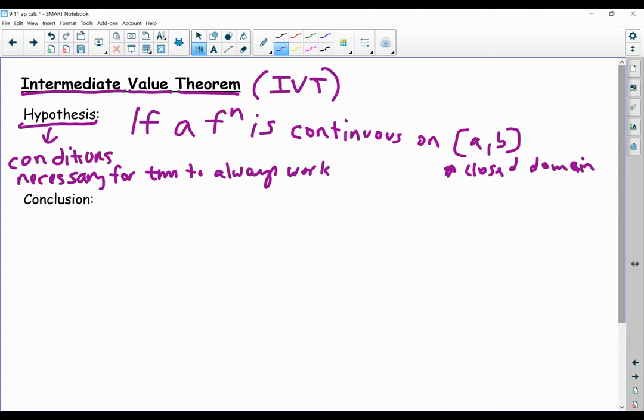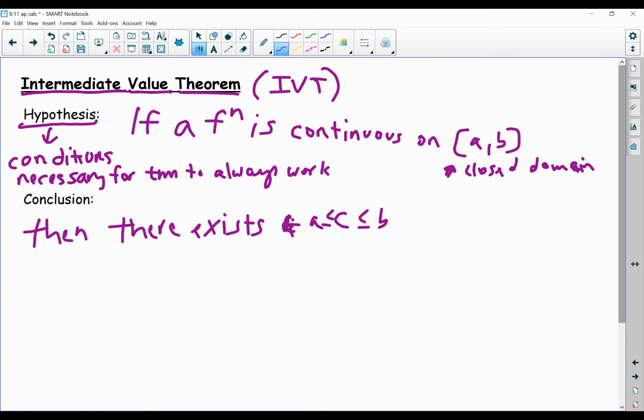So if a function is continuous on A to B, then there exists a C between A and B, let's just say C.